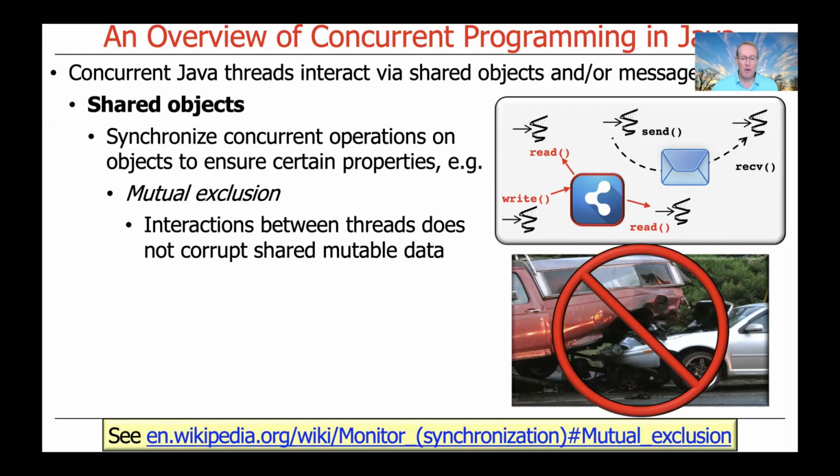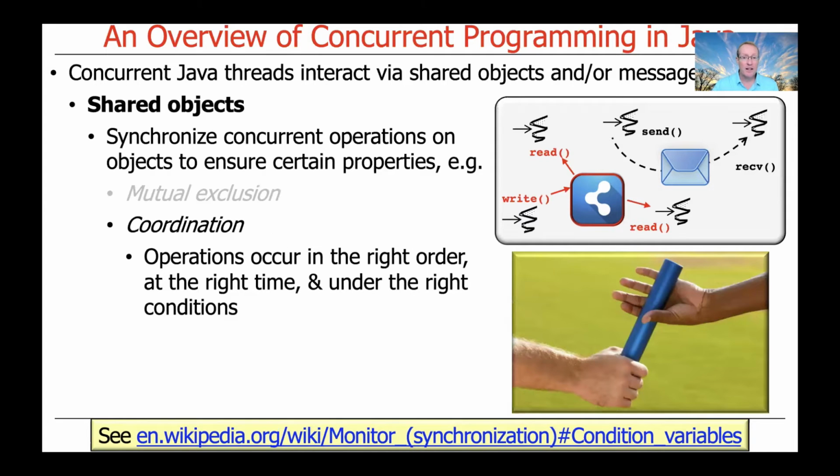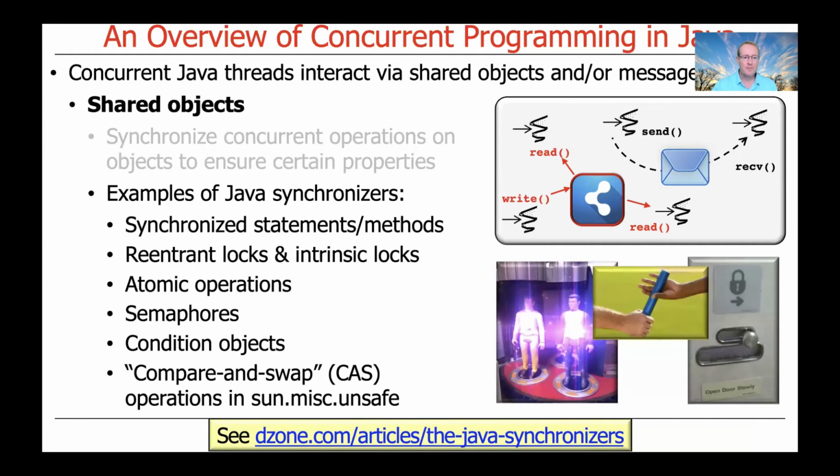We'll talk a lot more about mutual exclusion mechanisms shortly. Another thing you can do with shared objects is coordinate them, which means you want to make sure that the operations in the object occur in the right order, at the right time, and under the right conditions. We'll see there are some synchronizers in Java that enable that as well.